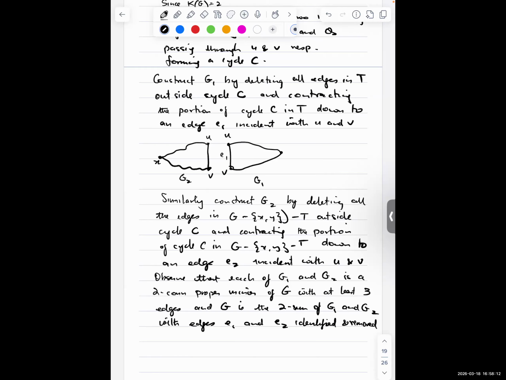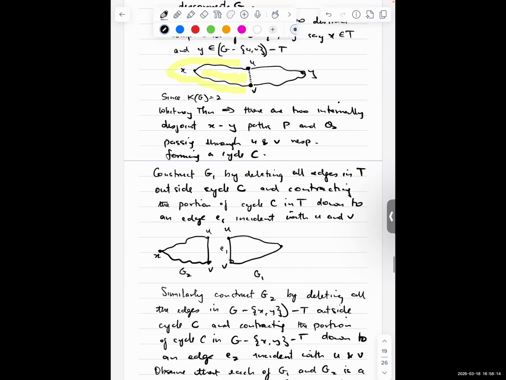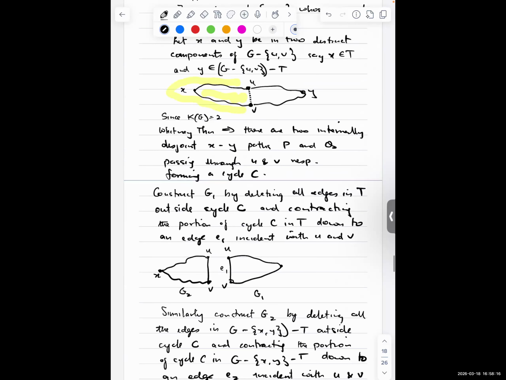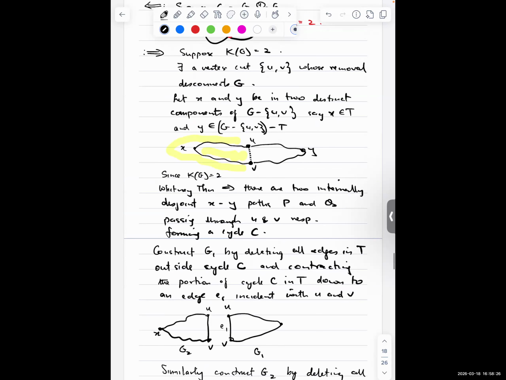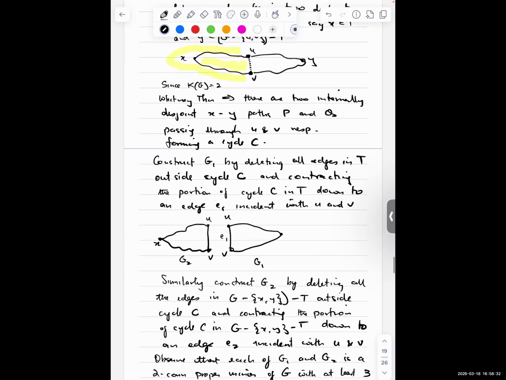From the two-sum, when kappa of G is equal to 2, we're defining what G1 and G2 are. You're only removing them one at a time. So it's a deletion, it's contracting, deleting everything, contracting that cycle down, and the other side is left untouched.